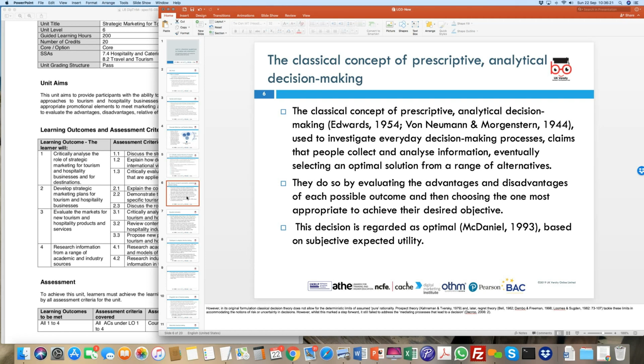So the first one is the classical concept, the prescriptive and analytical decision-making theory. This was proposed by Edwards and a number of authors or research fellows who worked on this theory.